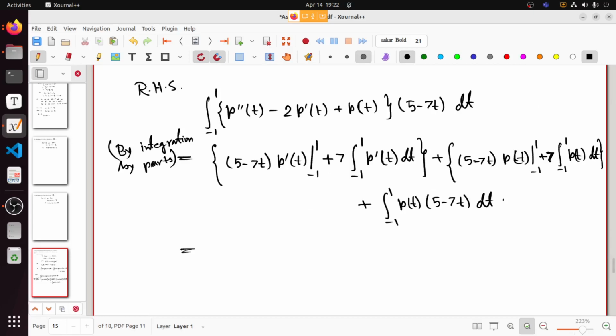So then, you put 1, you will get minus 2 p dash 1, put minus 1, we will get 12 p dash minus 1. If you integrate, it will be p of t, and so it will be plus 7 p of 1 minus 7 p of minus 1, right?